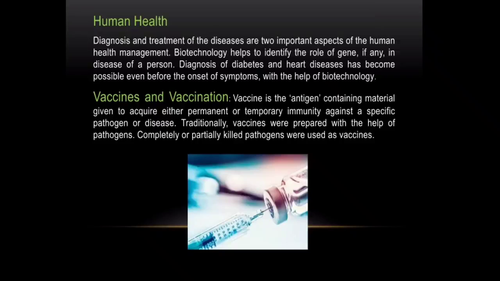Now, proteins which act as antigen are injected in pure form instead of injecting the killed or semi-killed pathogens. These proteins keep the person away from the diseases by keeping the immune system active. Thus, injecting the antigens is the safest way in vaccination.